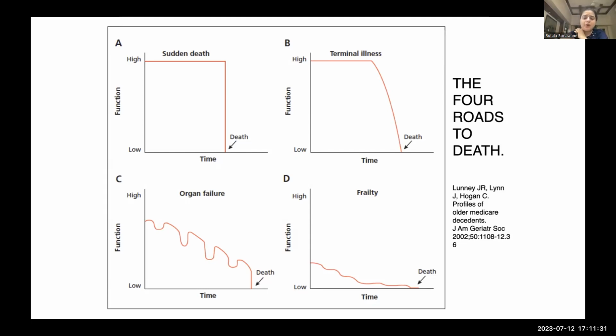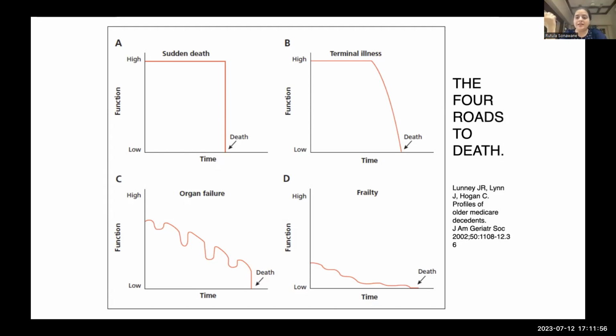Graph C is specifically for organ failures, where there are intermittent exacerbations of the disease, which lead to decline in function, coming back to a near normal level of functionality, but never actually reaching the baseline. So as you can see, the graph goes down, never reaching the baseline as it was. The functionality deteriorates after each exacerbation, eventually leading to death.